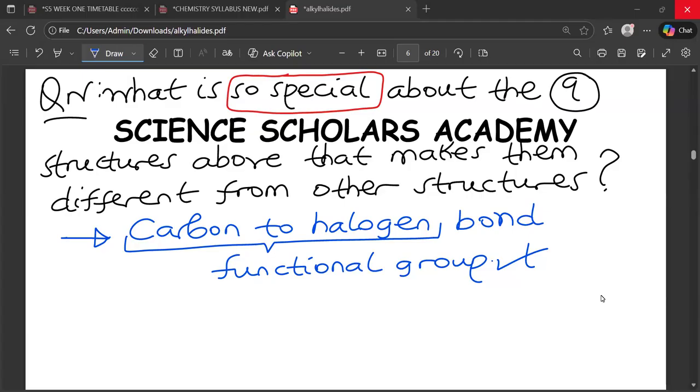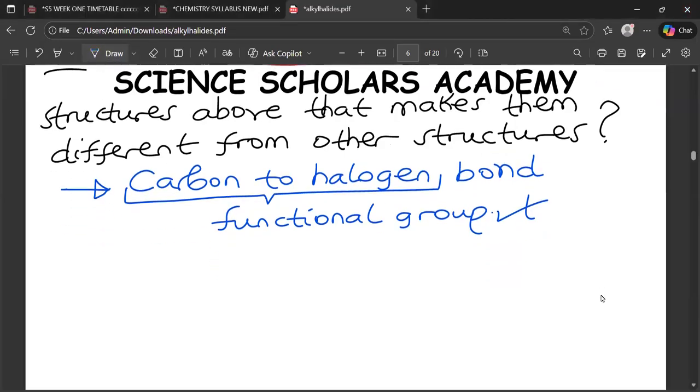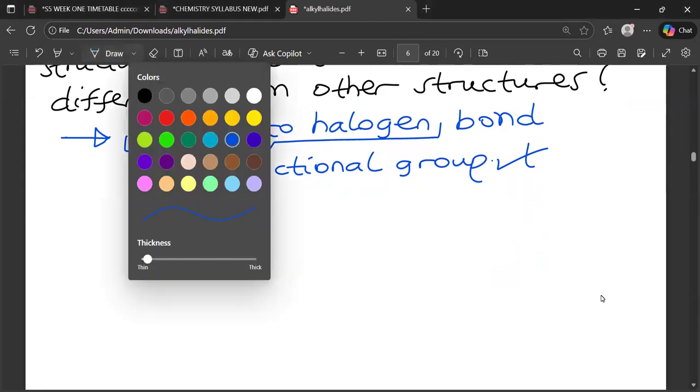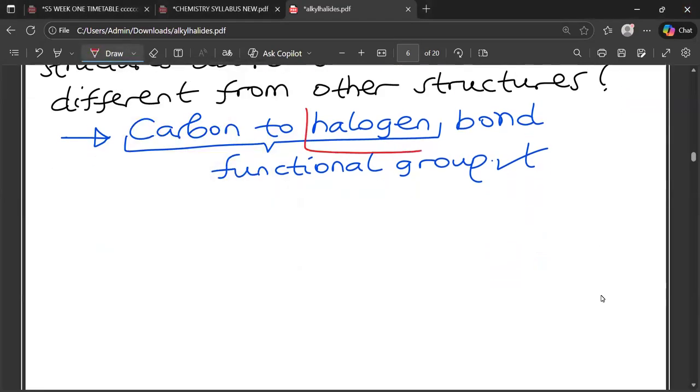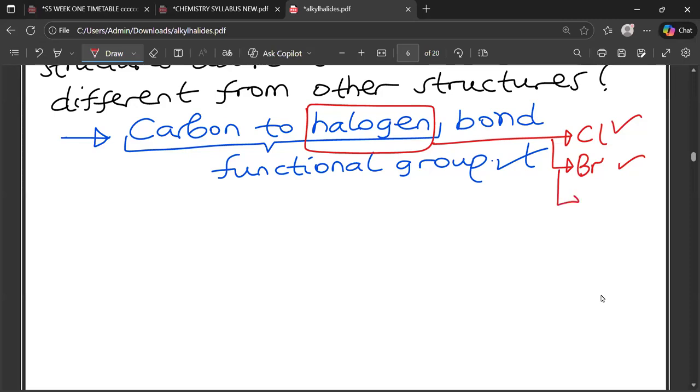But different compounds have different functional groups. Because this word halogen is very big, the halogen can be the Cl, the halogen can be the Br, the halogen can be the I. So it depends on the compound, you get?